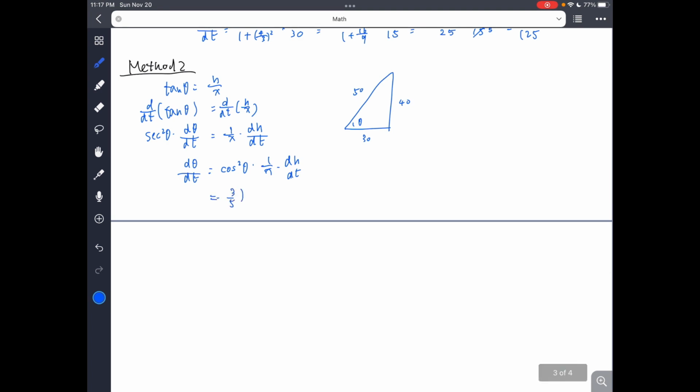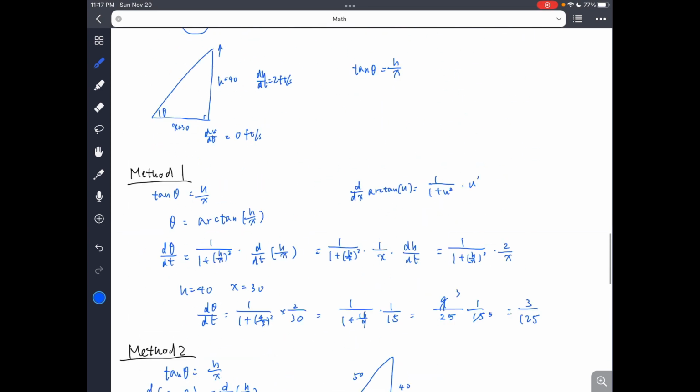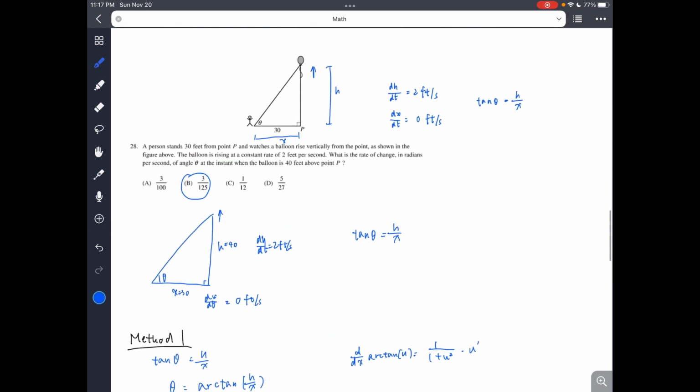So 3 over 5 squared times 1 over x, which is 1 over 30, times dh dt, which is 2. So we have 9 over 25 times 1 over 15, again cancel out 3 and 5, so 3 over 125. So in conclusion, the answer to this related rates problem is B, which is 3 over 125.